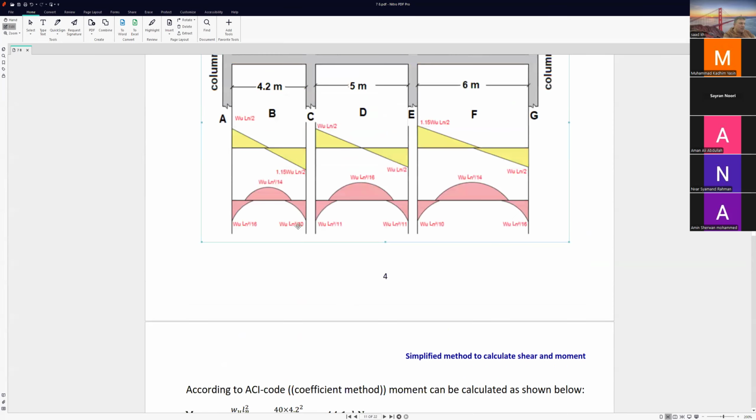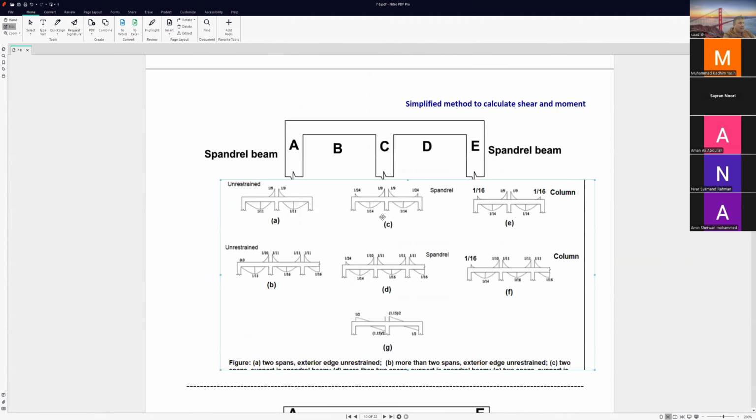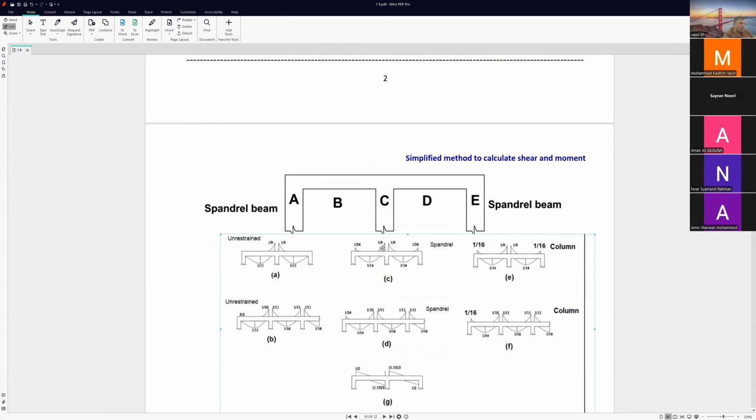But if the coefficient is the same, for example, if we have two spans like this, 1/9, 1/9, but this is, for example, 3.4 and this is 4, we should take the average length, because the coefficient is the same.